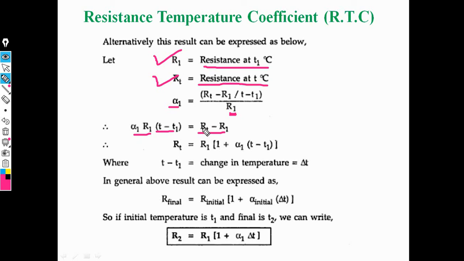Then rearrange the equation for RT. RT is equal to R1 into bracket 1 plus alpha 1 times (T minus T1). Here we take R1 common, so RT is equal to R1 plus alpha 1 R1 (T minus T1), that is RT is equal to R1 into bracket 1 plus alpha 1 (T minus T1).